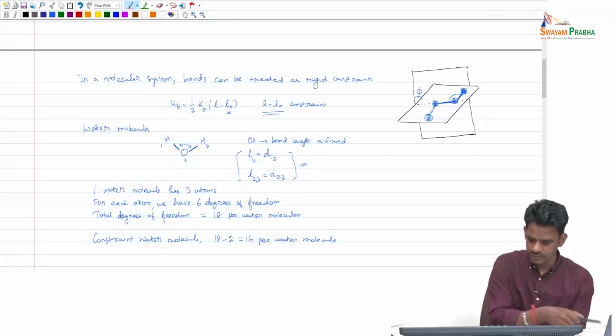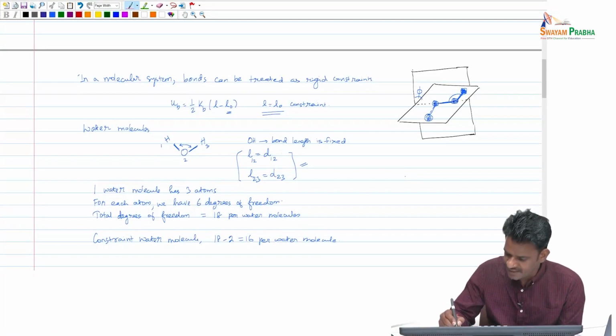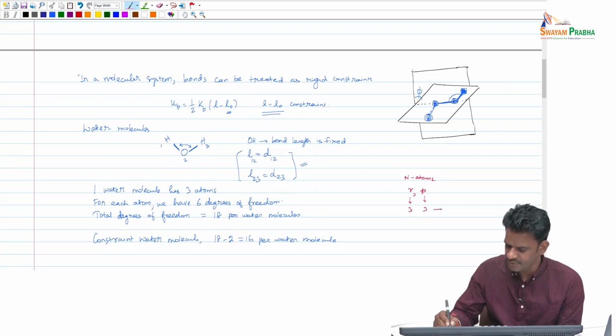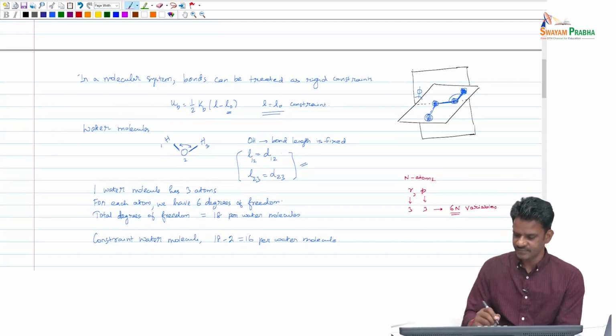Yeah. So, if you recollect, suppose you have n atoms. For each of the n atoms, there is a position and a momentum, and the position has 3 components and the momentum also has 3 components. So, for every one atom there are 6 variables. So, n atoms will have 6n variables, or degrees of freedom.